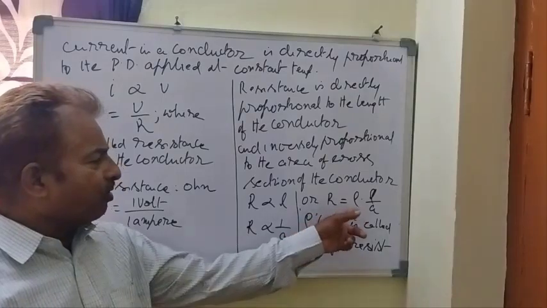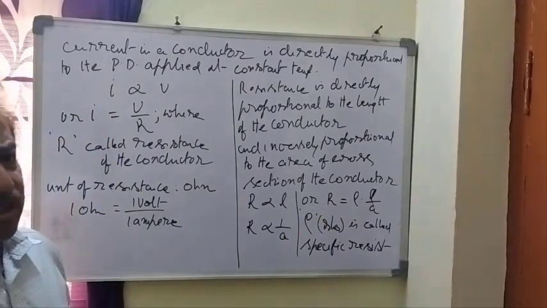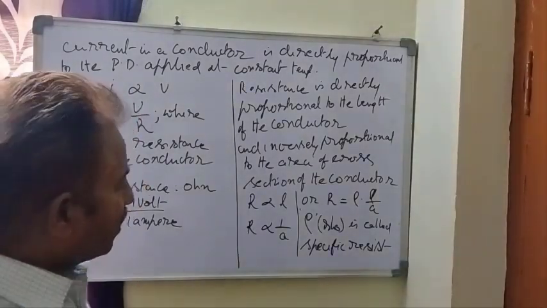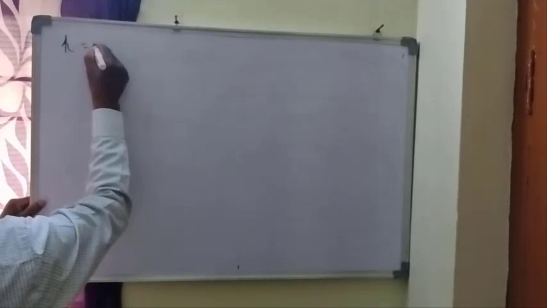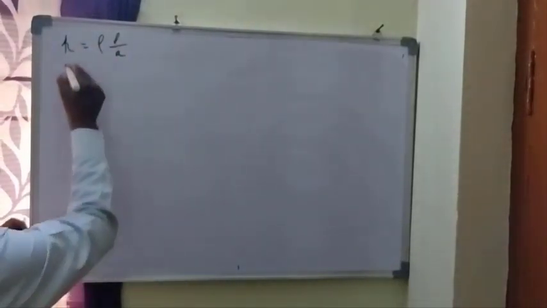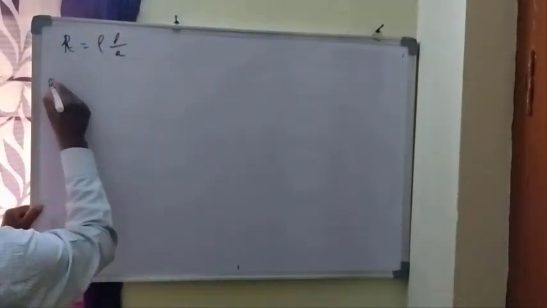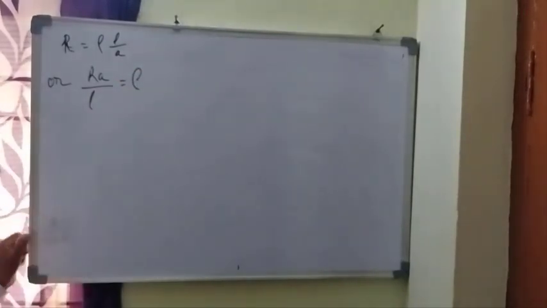Therefore, R equal to rho into L by A, where rho is a proportionality constant known as specific resistance. Bringing A and L across, RA by L equal to rho.